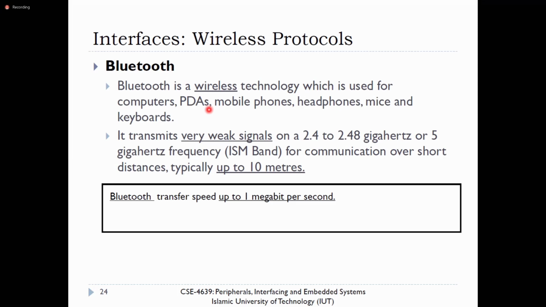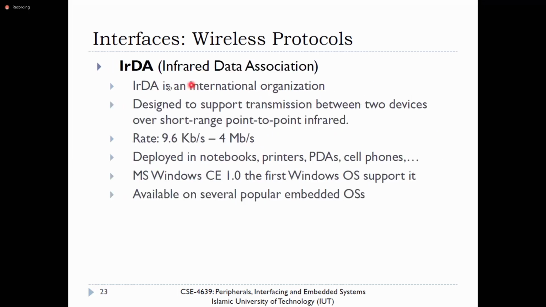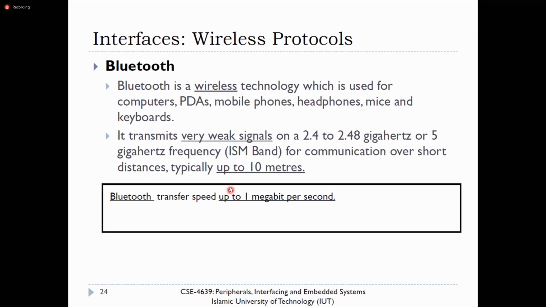For infrared, one thing I should mention is that the signal is free of cost. We don't need to purchase it because we are using it for a shorter range of communication. But for Bluetooth, we are using a frequency band of 2.4 gigahertz in our area or in the global area, or for Europe and America, we have the 5 gigahertz frequency band. Nowadays 5 gigahertz is even available in our country.